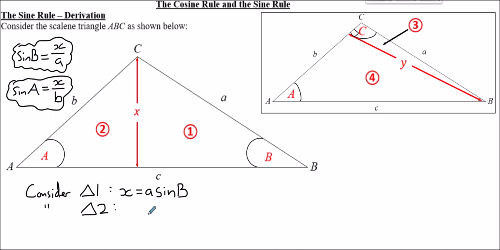And so from this one, we see that x equals b sine A. So a sine B equals x, and b sine A equals x. So it must be the case that a sine B equals b sine A.